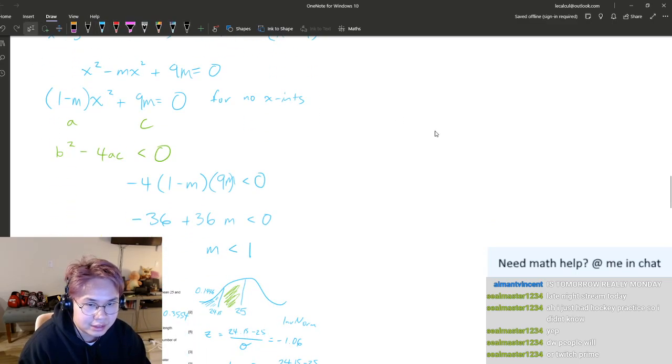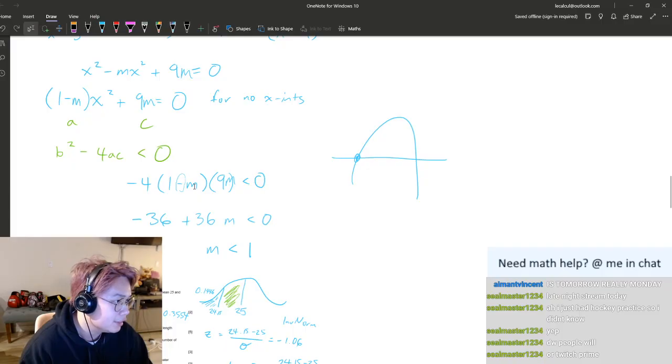So essentially what you have is a quadratic in terms of m. And because this is a negative right here, your leading coefficient will be negative 9m squared, with your two values at 0 and 1.